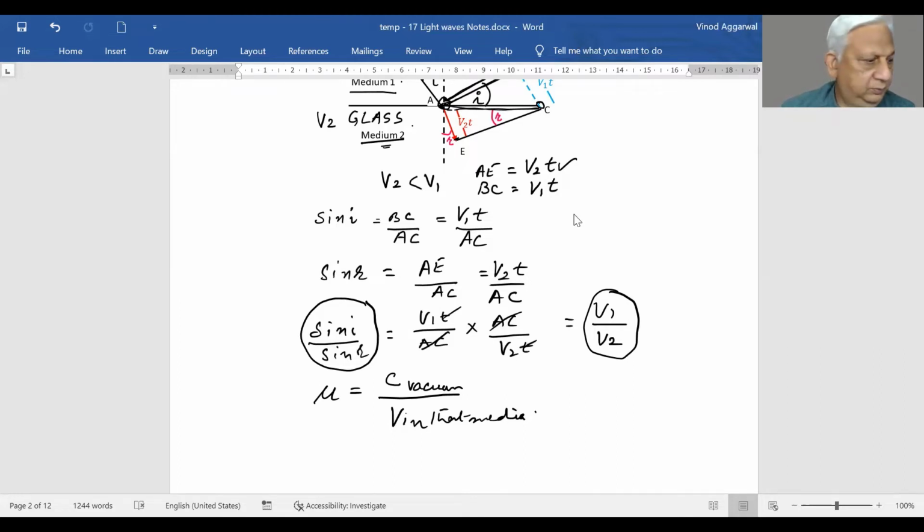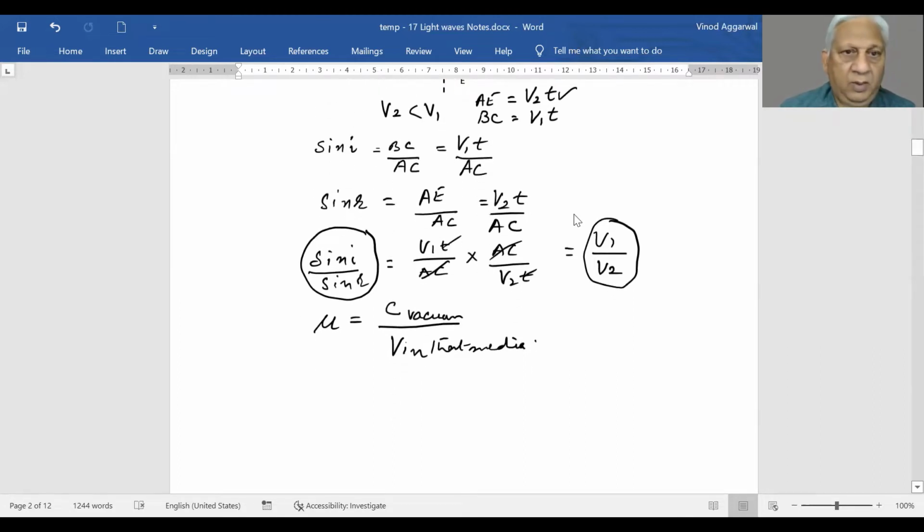So mu1 of media 1 is c, which remains constant, over velocity v1, whereas mu2 is c over velocity of light in media 2.